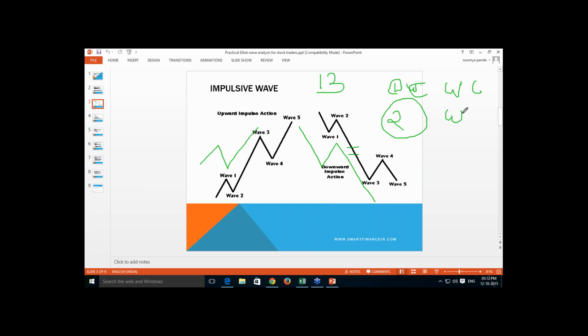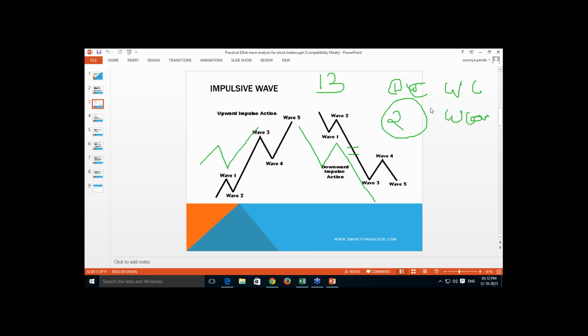When we go for the wave count approach, we count: these patterns have already formed, and this one is going to form.